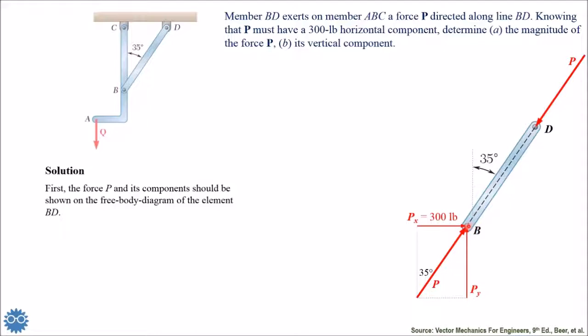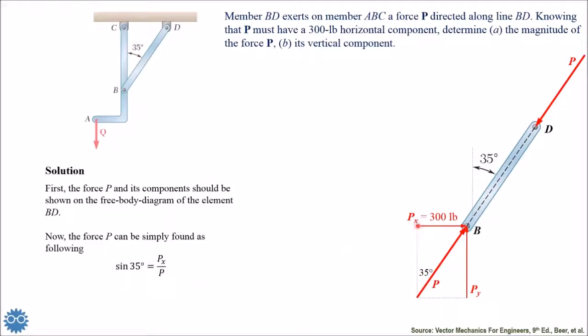All we have to do now is find the value of P, the axial force along the member, by knowing one of its components, which is Px, because he said that P must have a 300-pound horizontal component. So this is the horizontal component, and we know the angle. The problem is very simple and can be solved using trigonometric relationships.